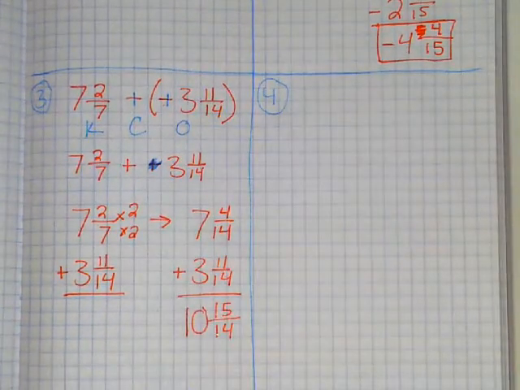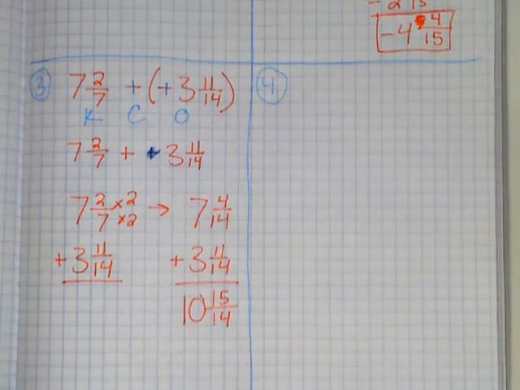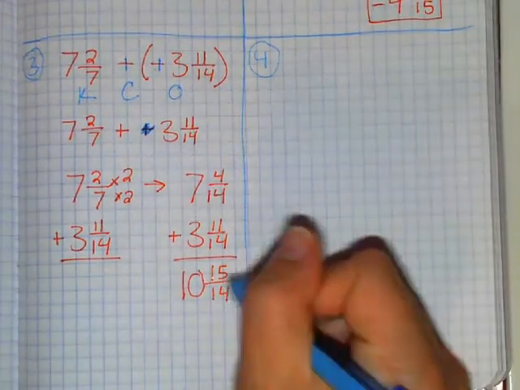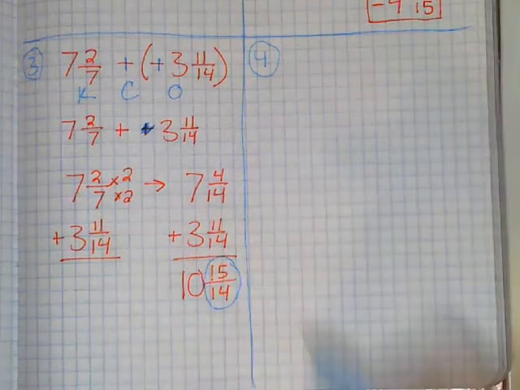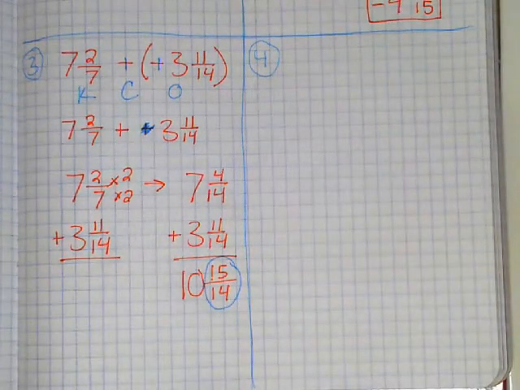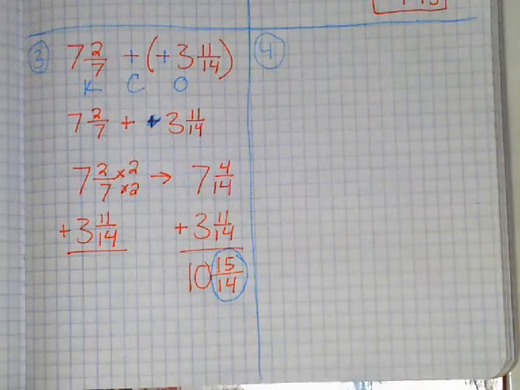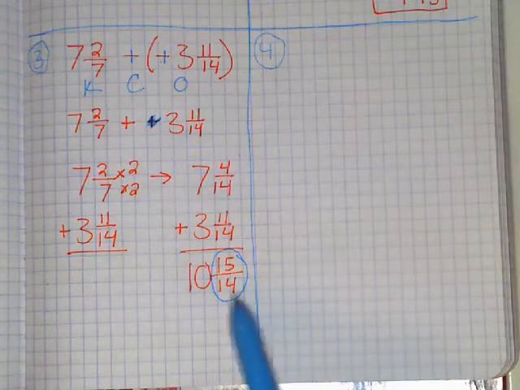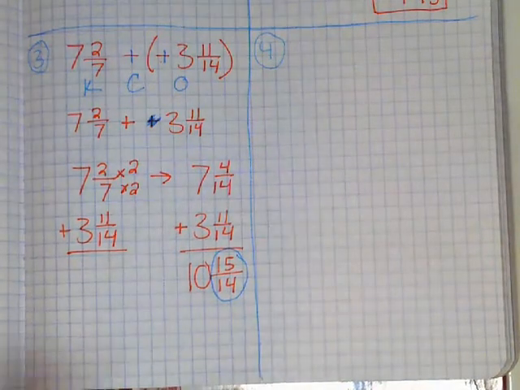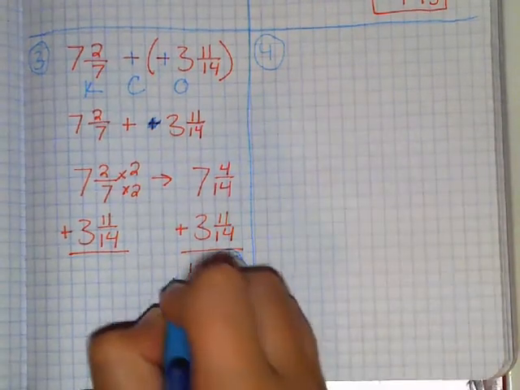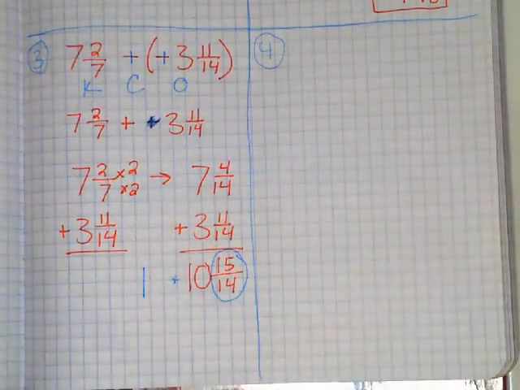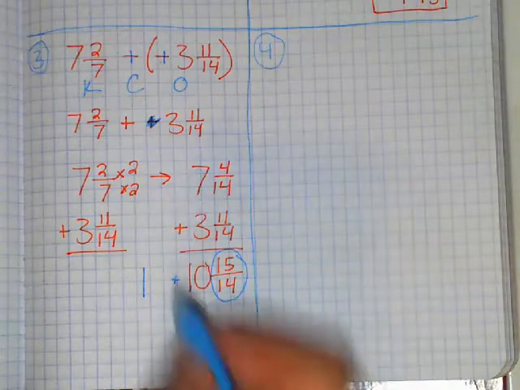But wait, this looks funny. I have 15 over 14. That's an improper fraction. We can't keep that. So we need to divide. 14 goes into 15 one time. So I'm going to add it over here. Plus 1 with 1 left over.